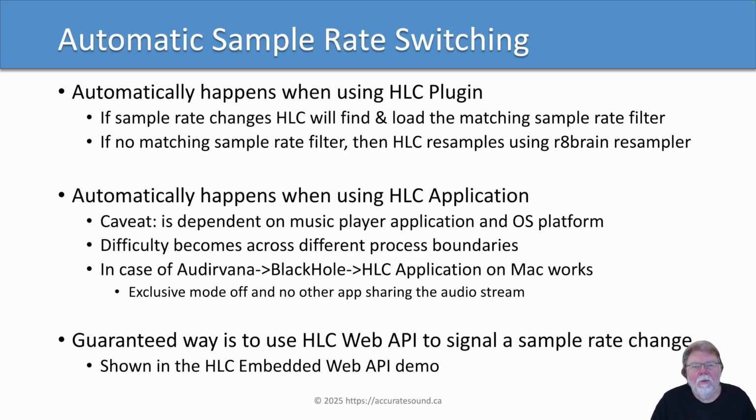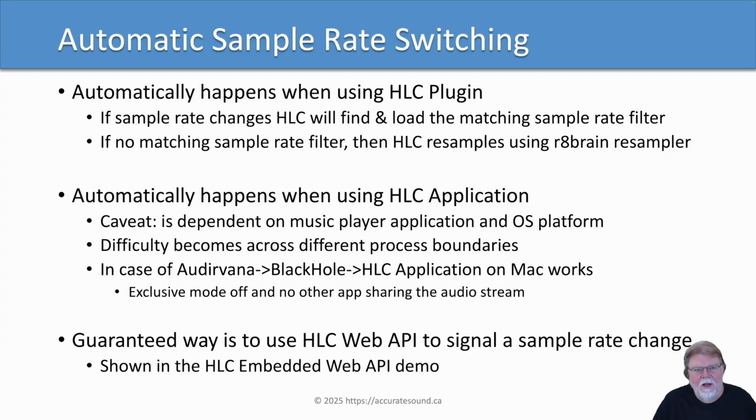Before we get into the Web API demo, let's talk a little bit about automatic sample rate switching. In the case of the HLC plugin in Audirvana, or for any host application, when the host application sample rate changes, meaning the song sample rate changes, for example the next tune might have a changed sample rate, then the host application will signal to the HLC plugin that the sample rate has changed.